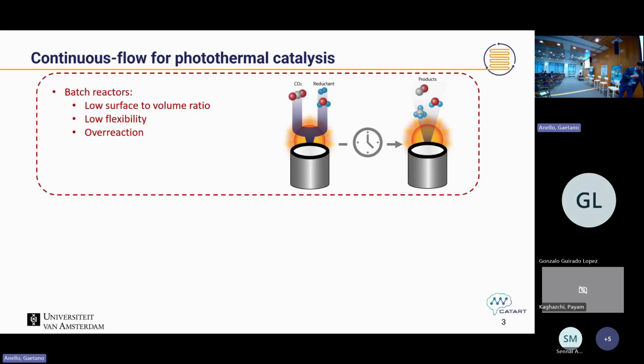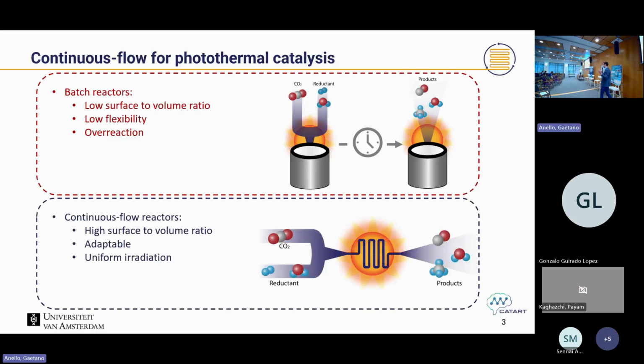But luckily, I saw a lot of presentations already have continuous flow. Our group also works a lot with continuous flow. It has a lot of benefits. You can change the reaction conditions. For example, if you want to use solar light, which is the idea with this project, and a cloud passes by, you can change the flow rate and increase the residence time, so you can keep constant conversion within your reactor.